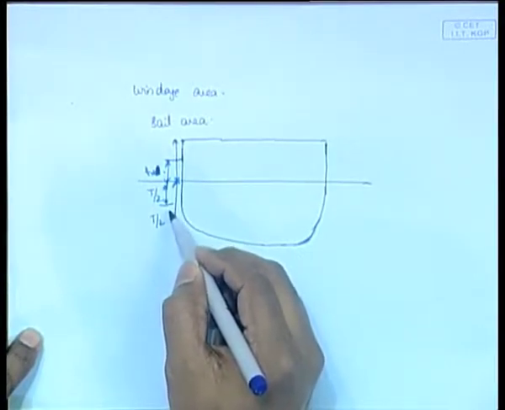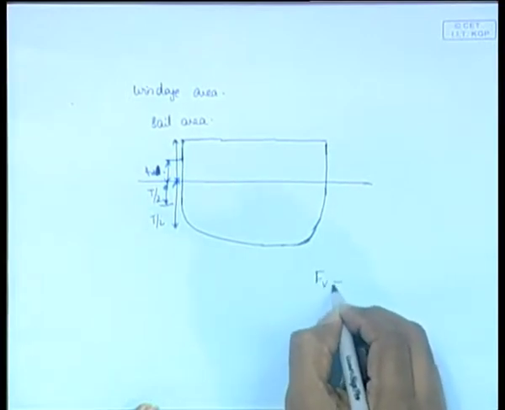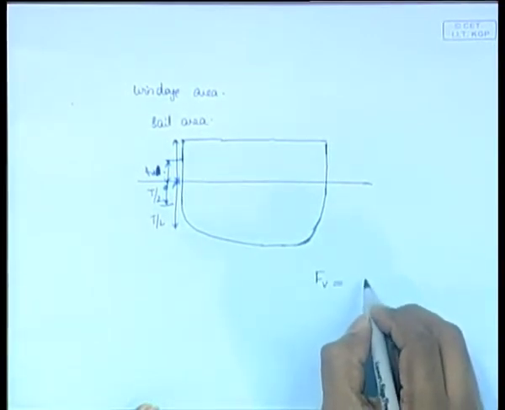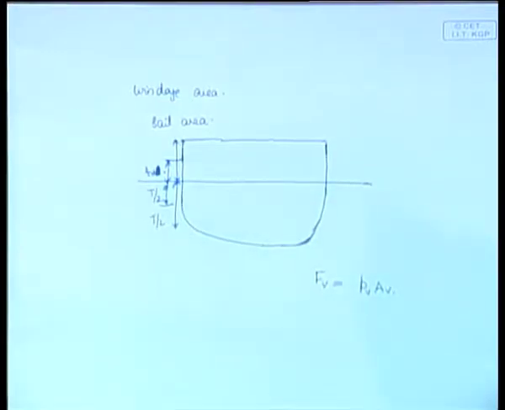Here you have T by 2. The force due to the wind is given by Fv equals Pv into Av, where Pv is the pressure due to the wind and Av is the windage area or the sail area.